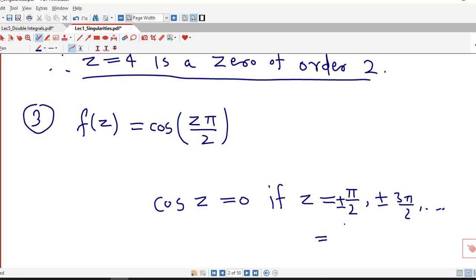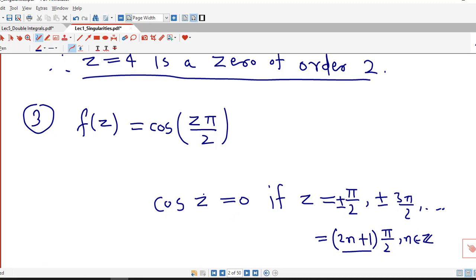Or we can say that it is 0 if z is 2n plus 1 pi by 2, n belongs to Z. So these are the odd multiples of pi by 2.